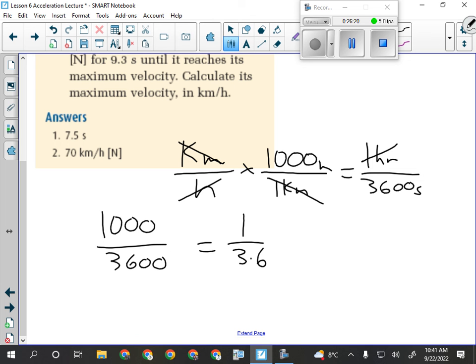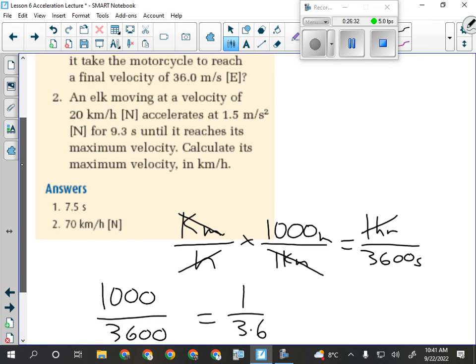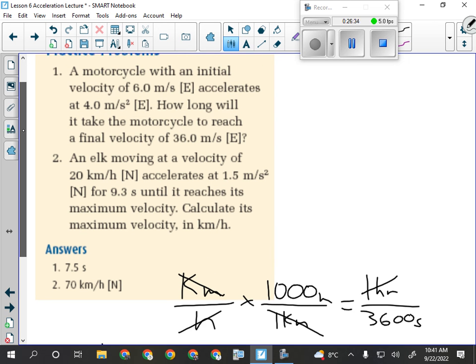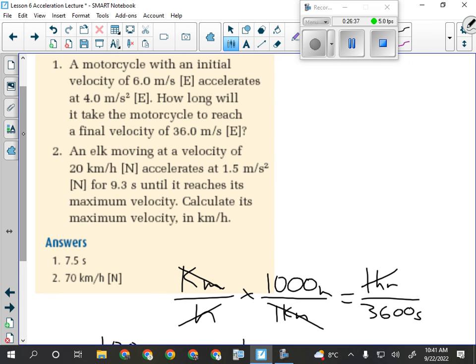Okay, so simple and quick conversion. Kilometers per hour to meters per second, divide by 3.6, meters per second to kilometers per hour, multiply by 3.6. And then the answer's in kilometers per hour, so then you got to bring your answer back to kilometers per hour. But it's just multiply by 3.6 divided by 3.6.